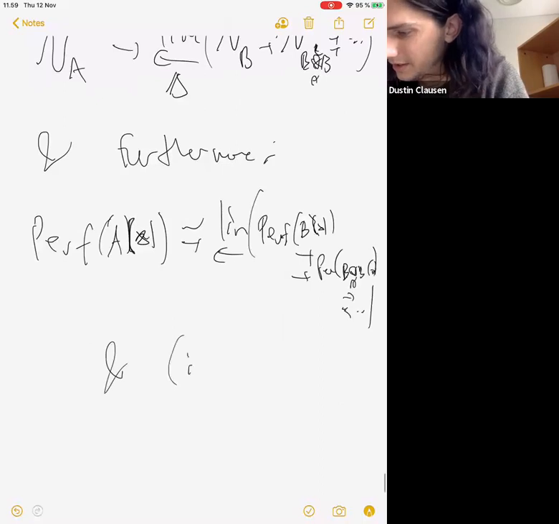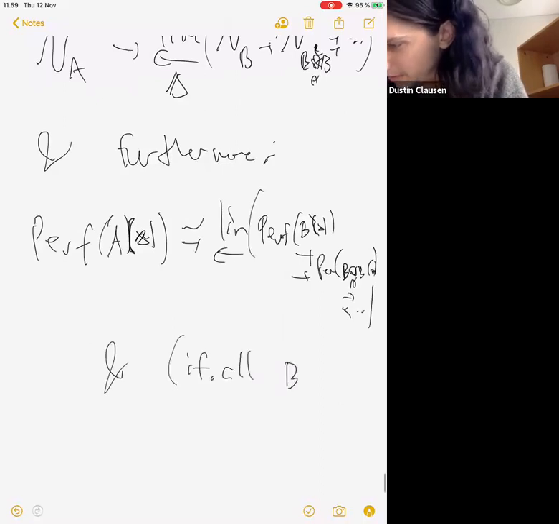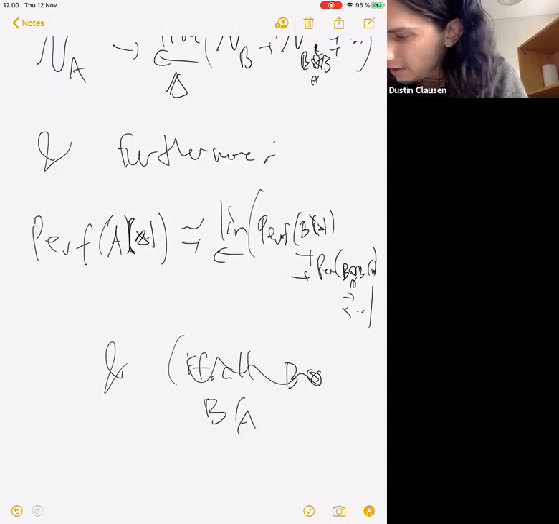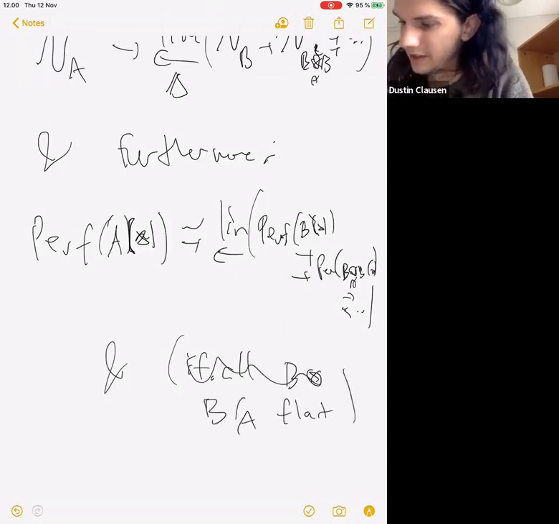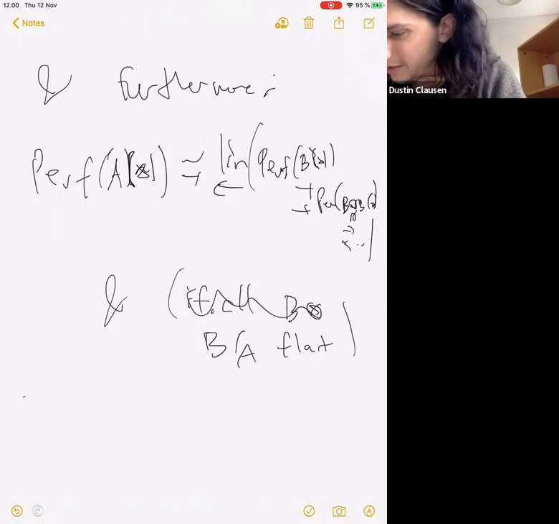And let's say if B is flat over A, just so I don't have to write derived tensor products and explain what Vect means in that context, also for vector bundles.